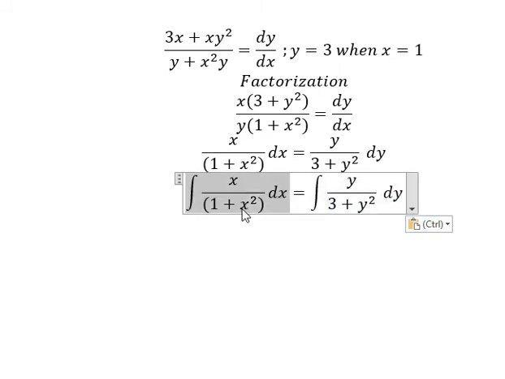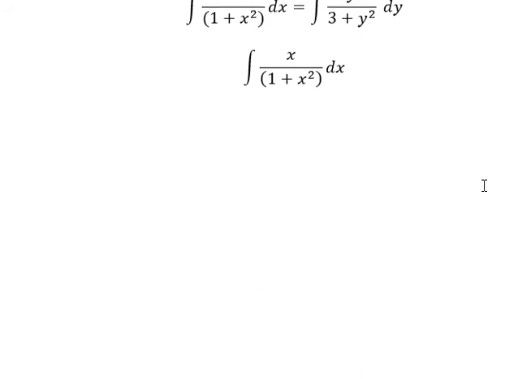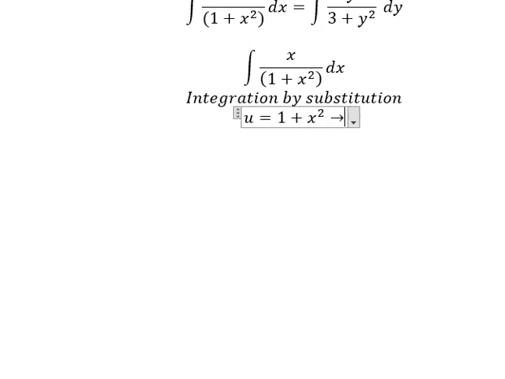Now, about this one, we can use integration by substitution. So I will put u equal to 1 plus s squared. After that, we first take the derivative of both sides.